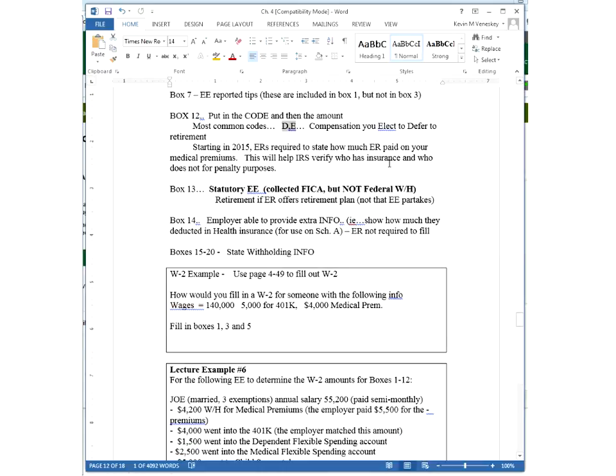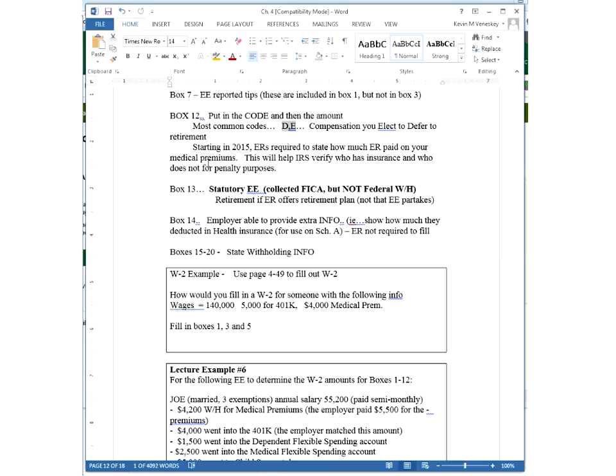Starting this year in 2015, employers are now going to have to put how much the employer paid into your medical premiums. That's basically going to help the IRS know if you had health coverage through your job.